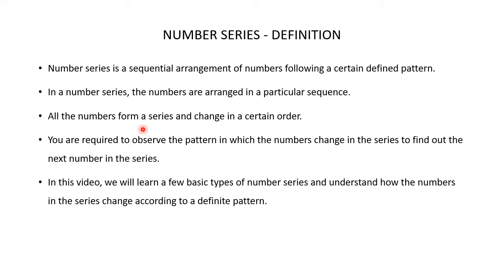All the numbers form a series and change in a certain order. To find out the next number in the series, you have to observe the pattern in which the numbers change. In this video, we'll learn a few basic types of number series and understand how the numbers in the series change according to a definite pattern.